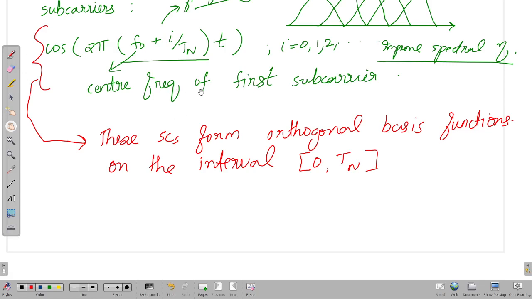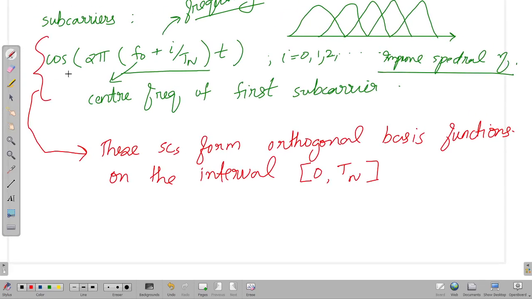Okay, now we'll try to prove that this set of subcarriers forms an orthogonal basis function in this interval 0 to Tn.